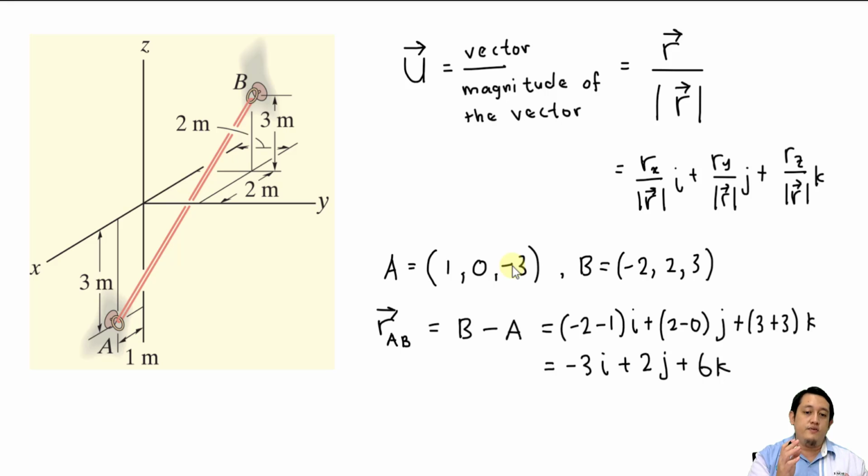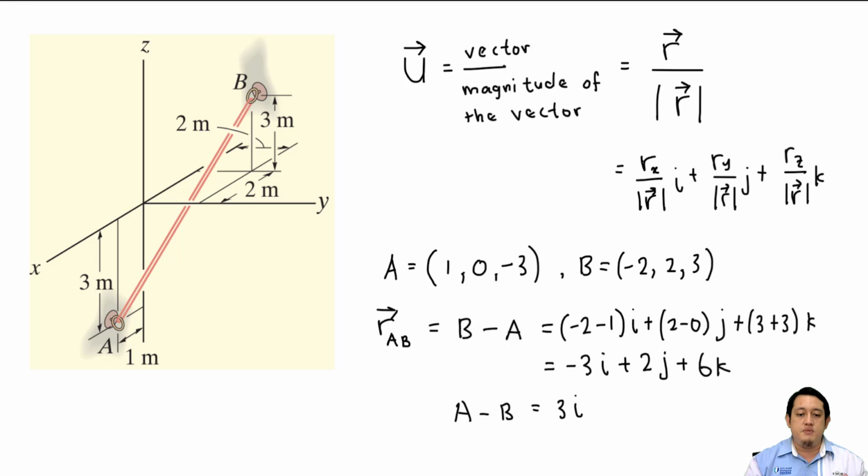So what if you do A minus B? So what will happen? Okay, let's try to write down A minus B. For A minus B, 1 minus negative 2. So 1 minus minus 2. So 1 plus 2 lah. So straight away lah, I write down the answer. So this one will be 3I.